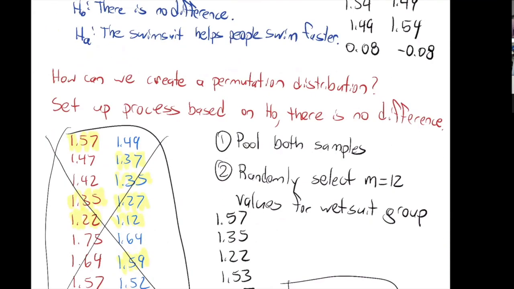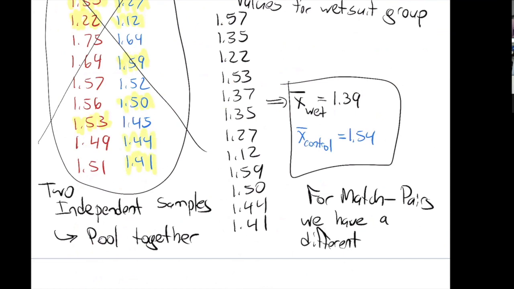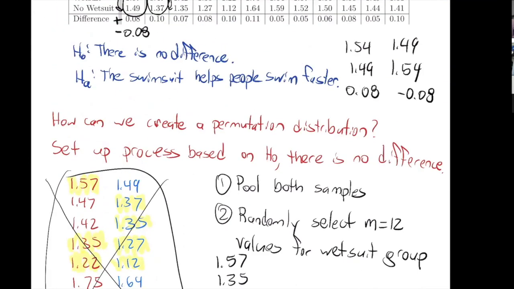So this is what we would call matched pairs. So here we're going to have a different process because we want to preserve the fact that these data come in pairs.